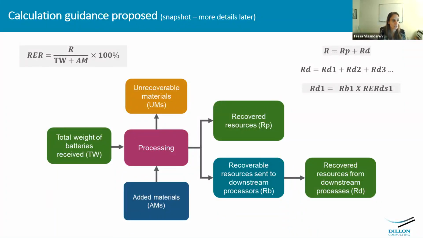I want to go into a little bit more detail here on the recovered resource side. This being the numerator of the RER calculation, we are talking about a recovered resource as being the sum of the recovered resources that are generated directly by the processor, meaning that they fulfill the definition of a recovered resource, and added to that, the sum of all the recovered resources that are being produced at the end of the downstream supply chain.